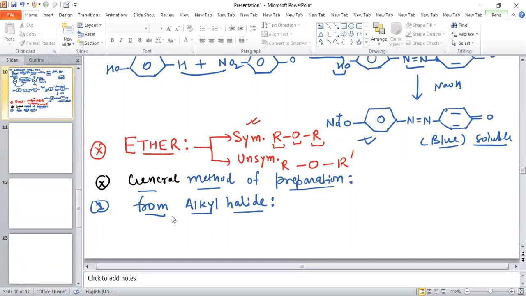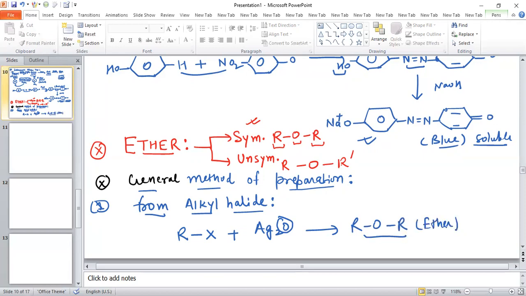When an alkyl halide, RX, reacts with Ag2O, silver oxide, this oxygen will come and it will form ROR, that is ether. So this is one of the methods for the preparation of ether.